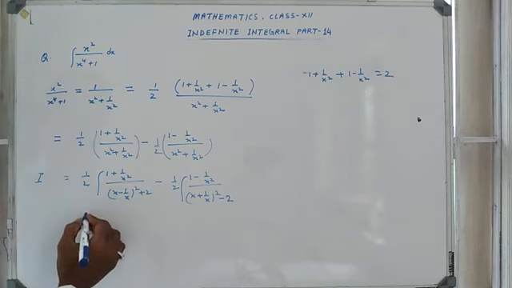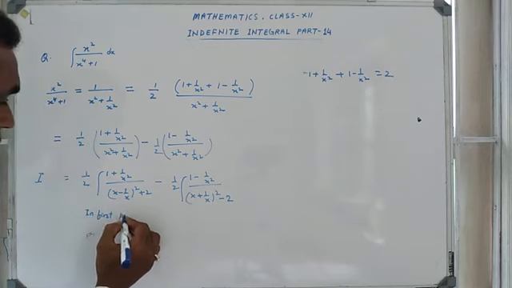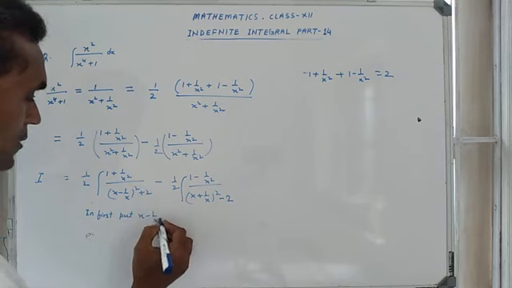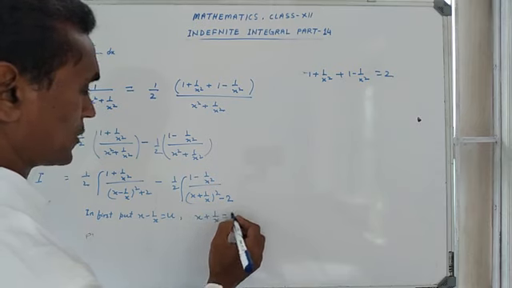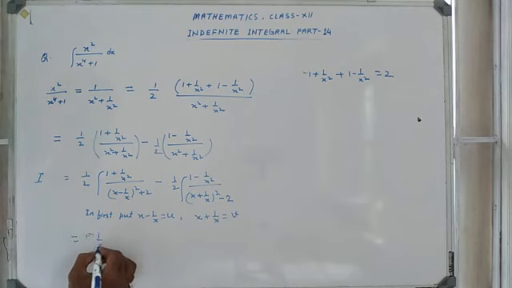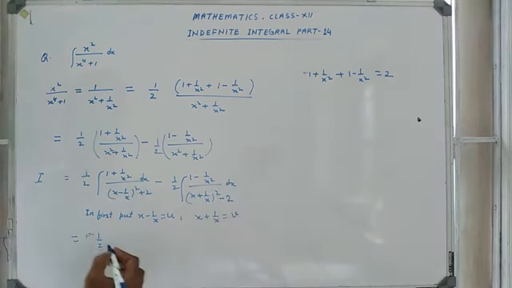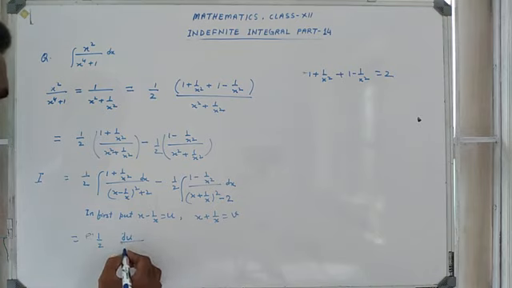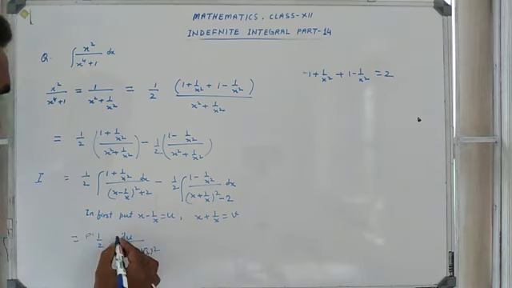So in the first integral we substitute x minus 1 by x equals u and x plus 1 by x equals v. So after that it will be 1 by 2, dx also we have to write, then 1 by 2 and du by u square plus root 2 whole square.